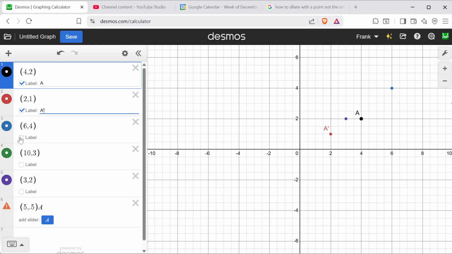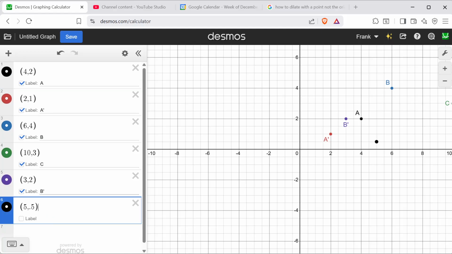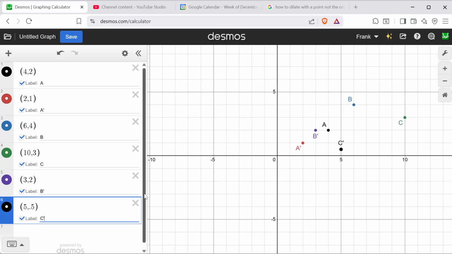And then this is B. B was 6, 4. I'm labeling them so I can see them. And then C was 10, 3, I think. And then this is B prime. And this is C prime. And you can see, here's the original triangle, A, B, C, and here's a new one.